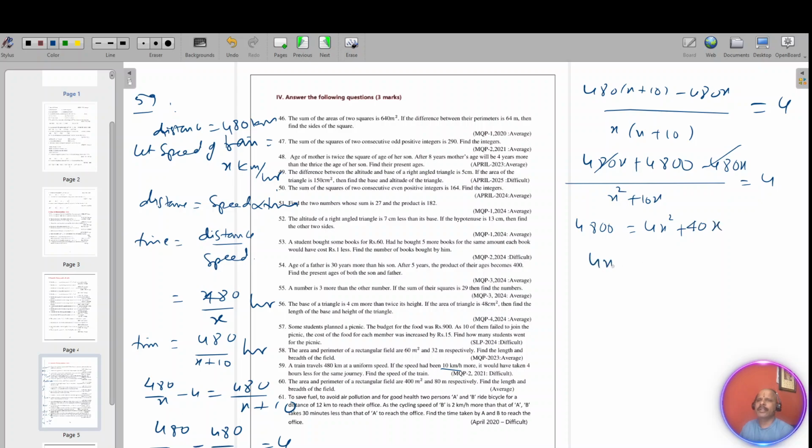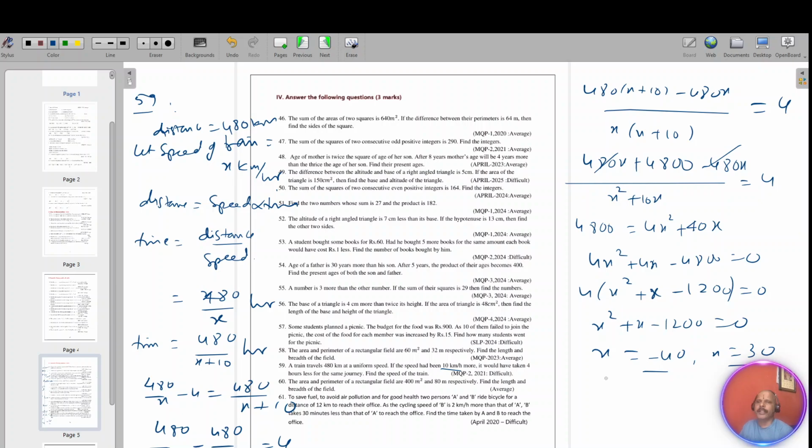If I take everything to one side, taking the common factor 4, the equation becomes x square plus 10x minus 1200 equal to 0. On solving, you get minus 40 and 30.